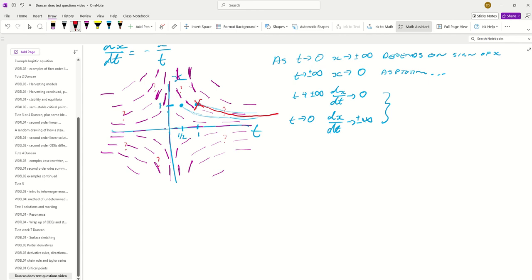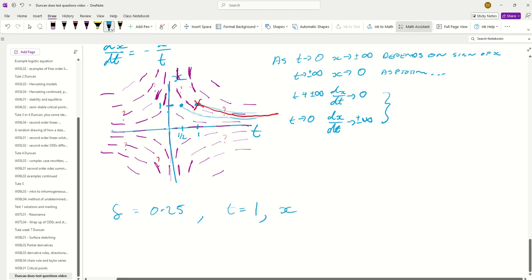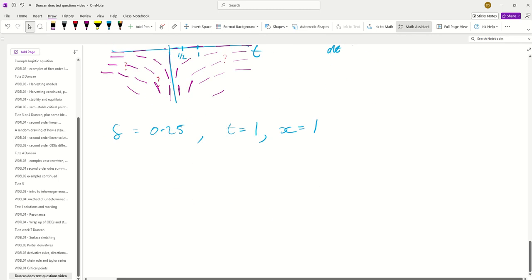Alright, that's the kind of behavior I expect to see with my Euler's method. So I've been told delta equals 0.25. I've been told t equals 1, x equals 1 is my starting point. Now my Euler's method formula, x_{n+1} equals x_n plus delta dx/dt evaluated at n.